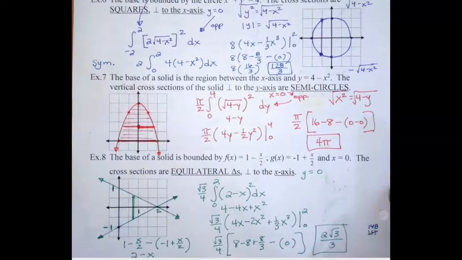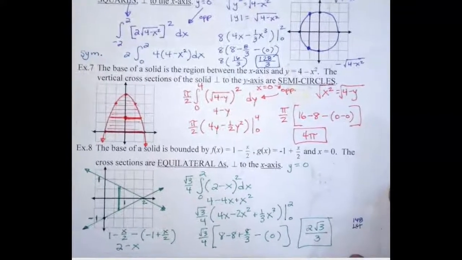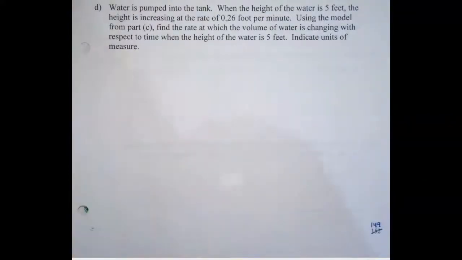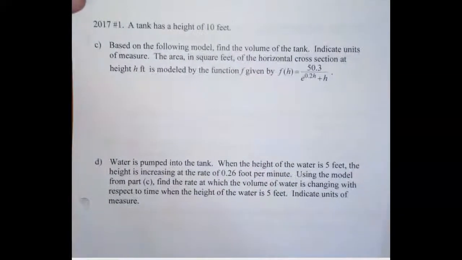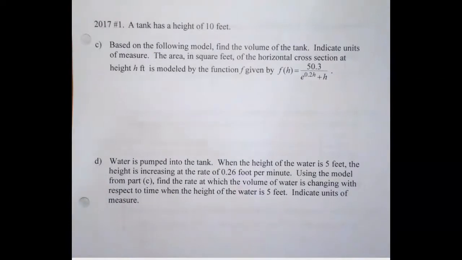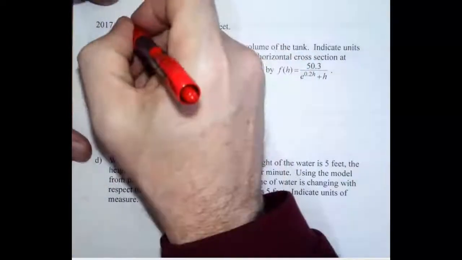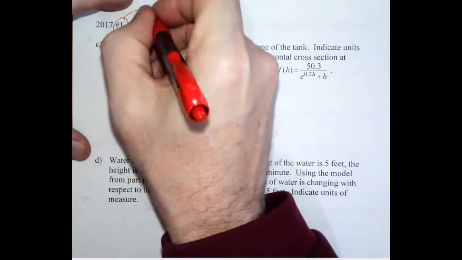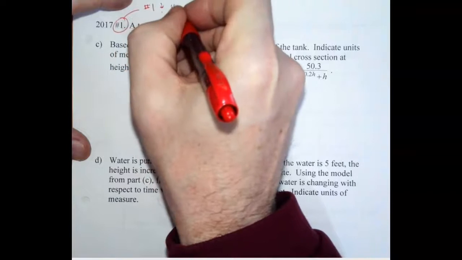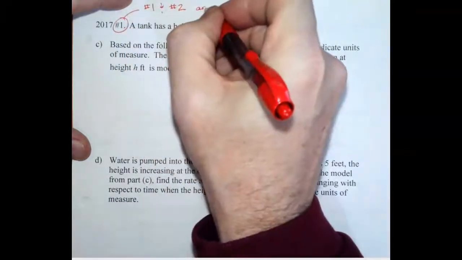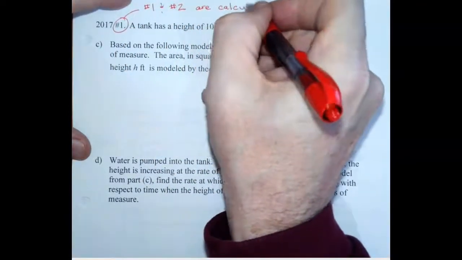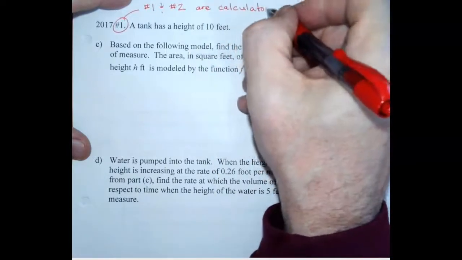Alright, that's good stuff there. Okay, let's look at this last page. We just have one more page. Just a 2-page notes today. So remember that number 1 and number 2 are calculator questions, but that doesn't mean you're going to be needing the calculator on every step.